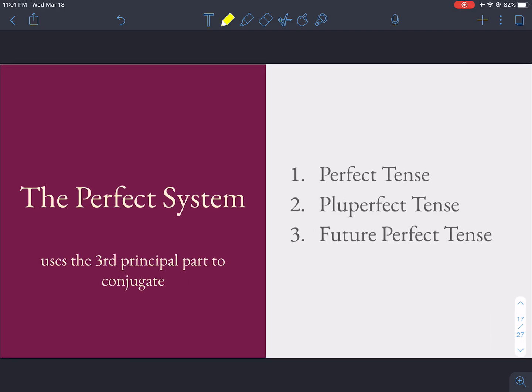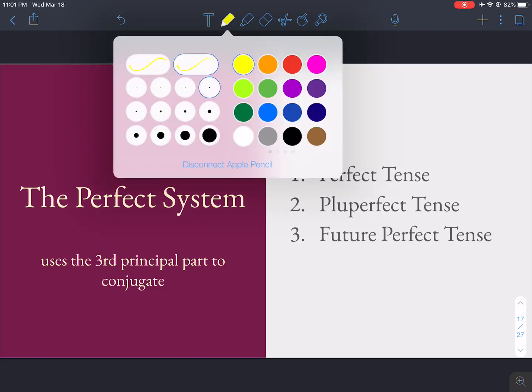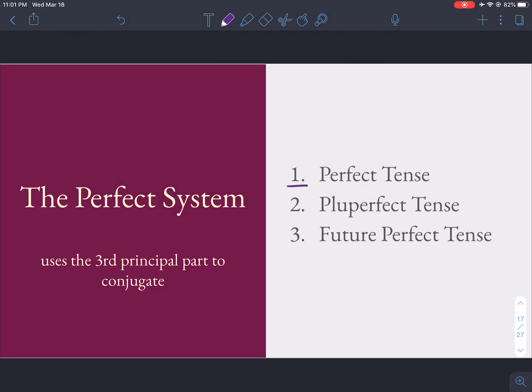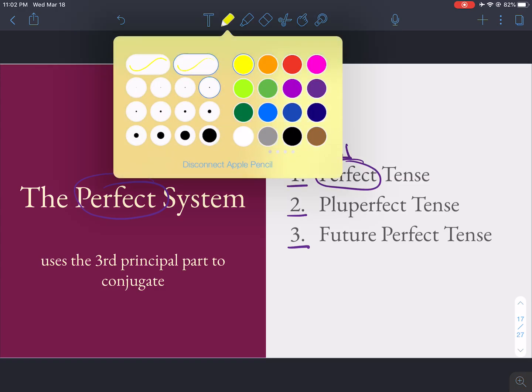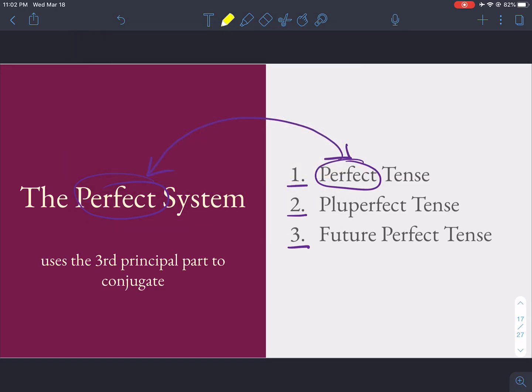The perfect system is the second type of verb system, and within it we have the perfect tense, the pluperfect tense, and the future perfect tense. I'd like to point out that in the perfect system, you've got the perfect tense from which the name comes. It kind of makes sense, right? In the present system there's the present tense, and in the perfect system there's the perfect tense.